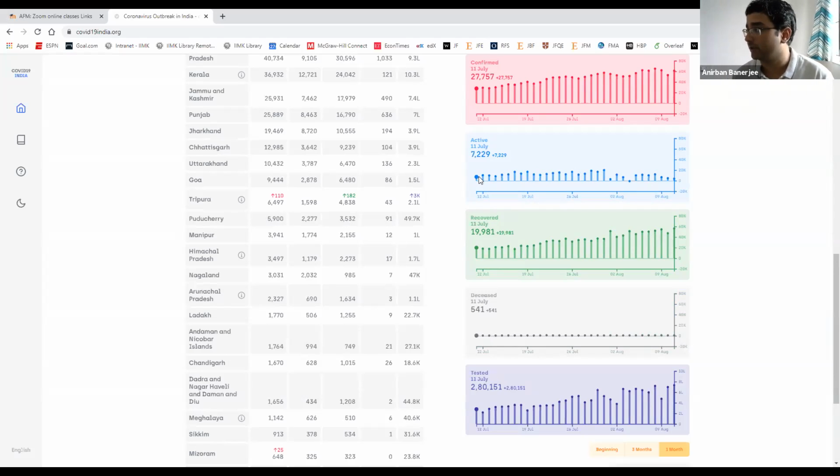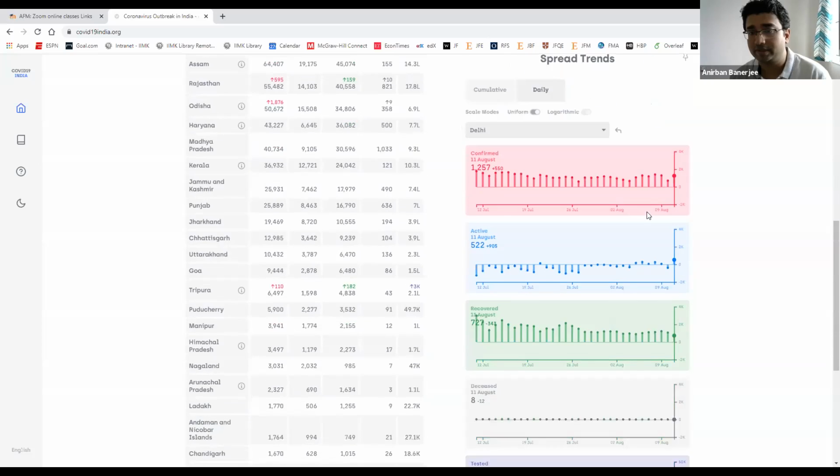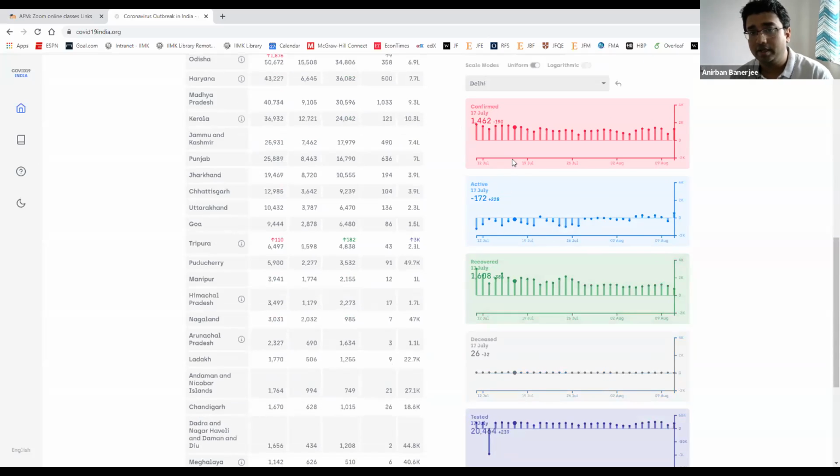Okay, so if we go for any one state, let's say Delhi. What happens in Delhi? So Delhi, this is confirmed. This is active. So here it is possible that this series is actually stationary. Maybe not, because there was a negative turn.